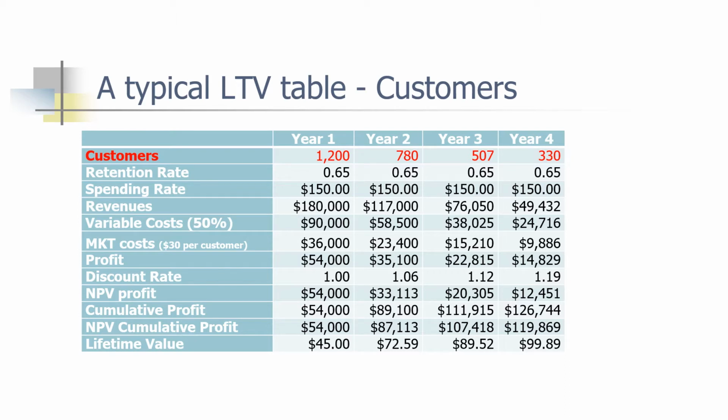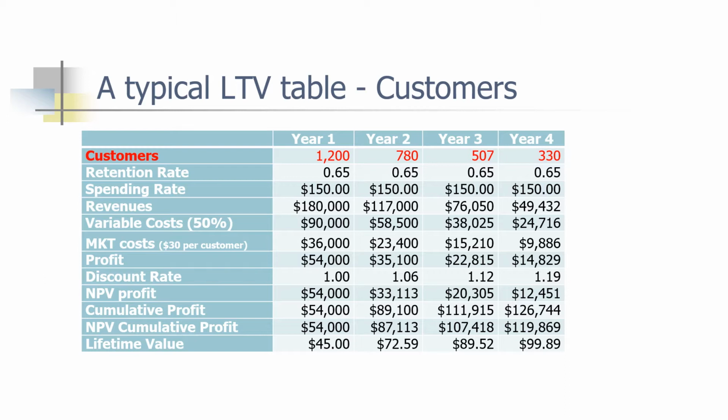Now, these may be 1,200 customers that we acquired in a particular way with a contest, or maybe they're all referrals, or maybe they responded to a YouTube video, or maybe they were referred by a YouTube influencer.